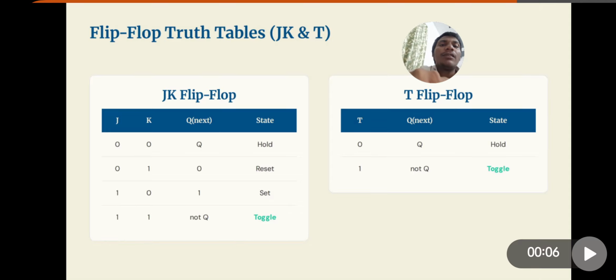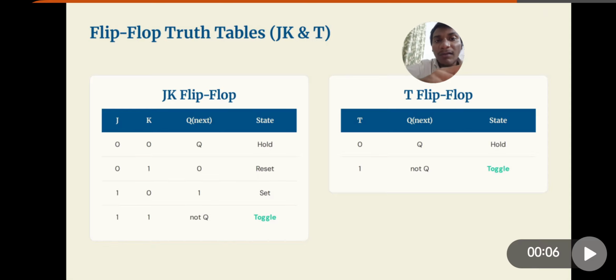When J equal to 0 and K equal to 1, Q goes to 0, which means it resets the value. When J equal to 1 and K equal to 0, Q gives 1, which means it sets the data. When J equal to 1 and K equal to 1, Q becomes Q naught, the complement of Q. This is the main difference between the JK flip flop and the SR flip flop.